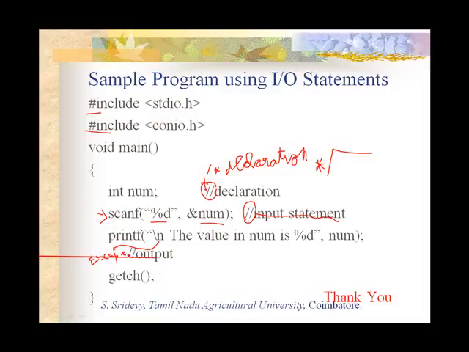And followed by that, the value of num is %d, that is the control string, followed by closing the quotes, comma, num, terminate the statement. Then getchar. This is wrong, I strike it out. Getchar, and come to the end of the program.